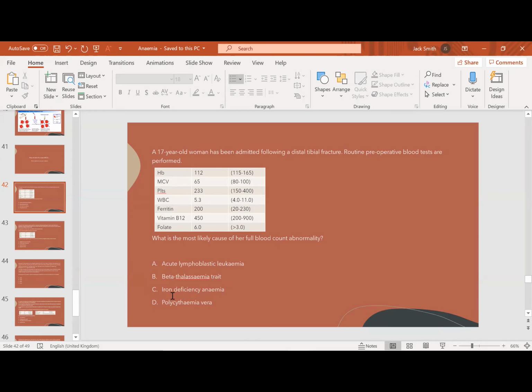Polycythemia vera is not something I've mentioned at all today, but poly means lots of. It is a condition that causes a raised hemoglobin, so if you know what that is, you can immediately rule it out. This lady is a little bit anemic and she's got a very, very low MCV.